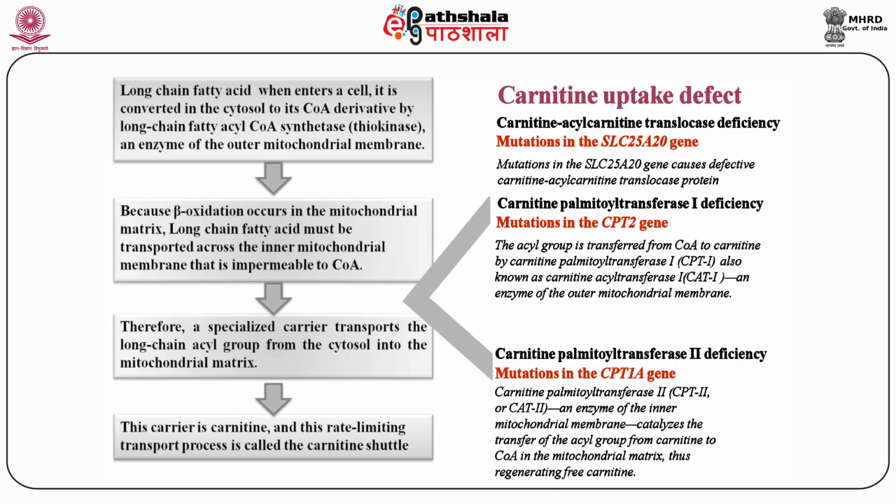Then in further sequential reaction, because the beta oxidation occurs in the mitochondrial matrix, this long-chain fatty acid must be transported across the inner mitochondrial membrane that is impermeable to coenzyme A, through a specialized carrier, which transports the long-chain fatty acid group from cytosol into the mitochondrial matrix. This carrier is carnitine, and this rate-limiting transport process is called the carnitine shuttle.